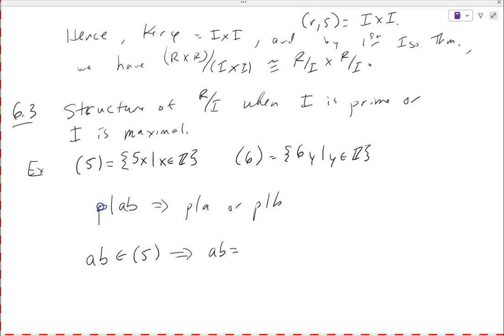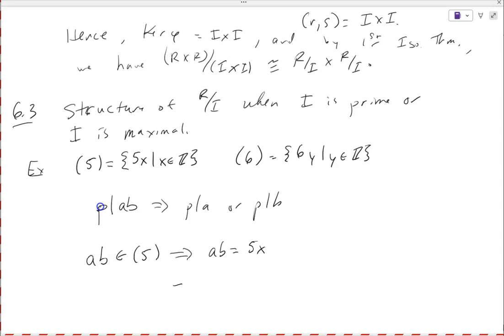Multiple, that's the word I'm looking for. Yep, that's exactly right. Generally, if something is in the ideal generated by 5, then it has to be 5 times something, right? So now we know that 5 divides the product.